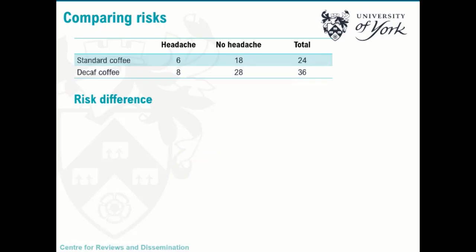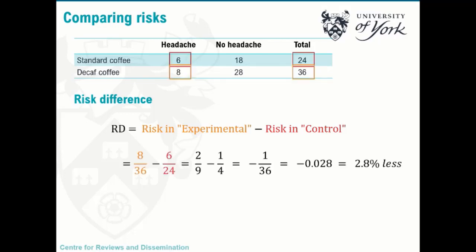We can also compare the risks of the two groups by calculating the risk difference. The risk difference is the risk in the experimental group minus the risk in the control group. If we calculate the risk difference, it is 8 over 36, which is the risk in the experimental group, minus 6 over 24, which is the risk in the control group.